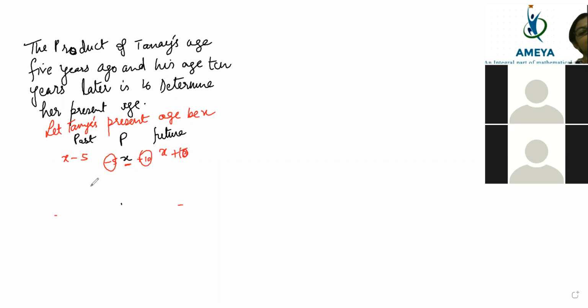And now they are telling that product of x minus 5 and x plus 10 equal to 16. The product of Tanya's age 5 years ago and her age 10 years later is 16. So determine her present age.